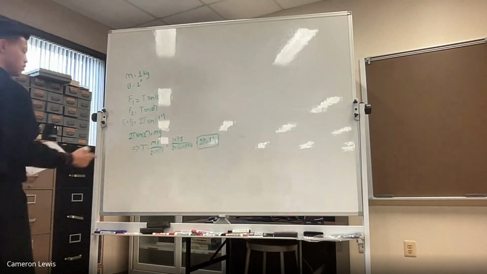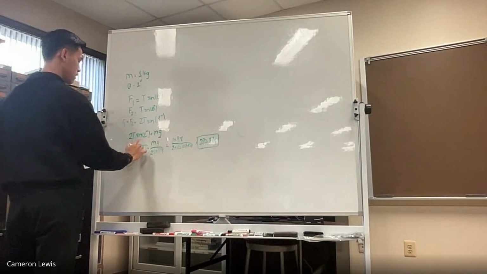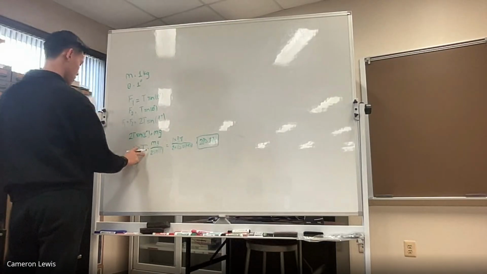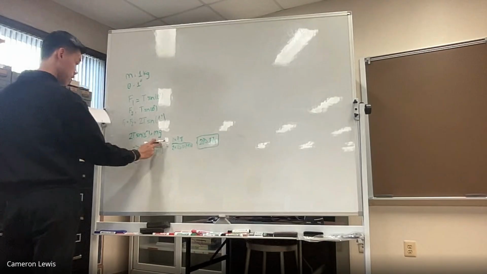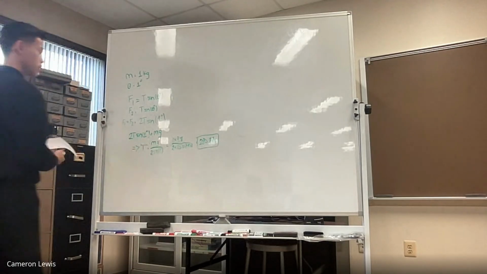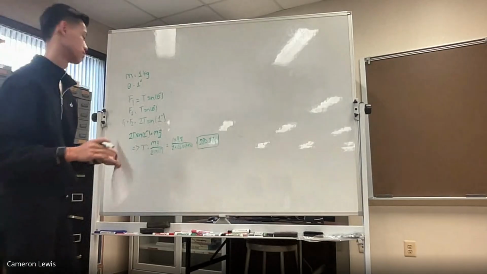Then we have to find T. We have mass, we have gravity, which is 9.8, and that's basically it.